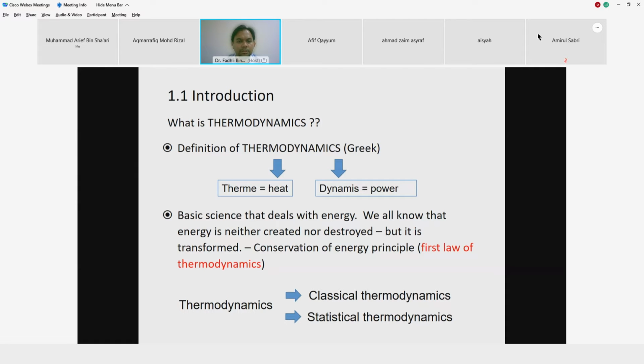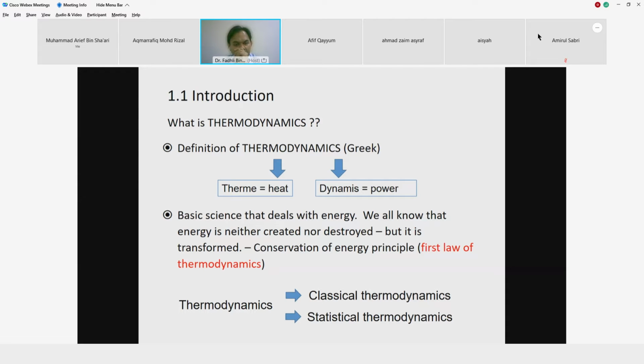So as an introduction, we will look at the term thermodynamics. Actually, the term thermodynamics comes from Greek. Thermo means heat and dynamics means power. If we combine both of these terms into one term, thermodynamics, the knowledge inside this term is related with heat and power.